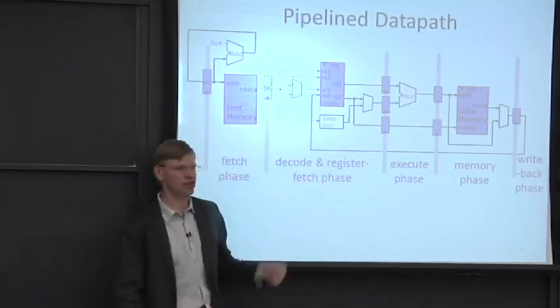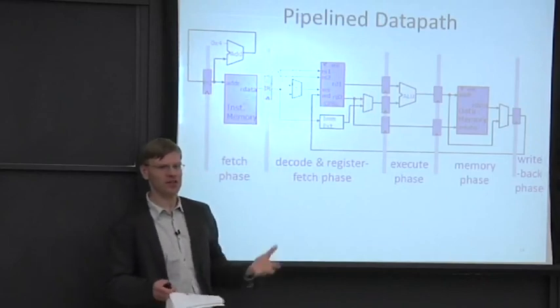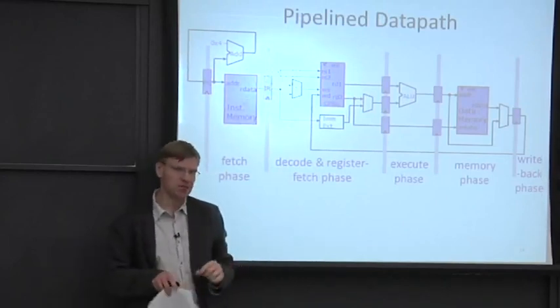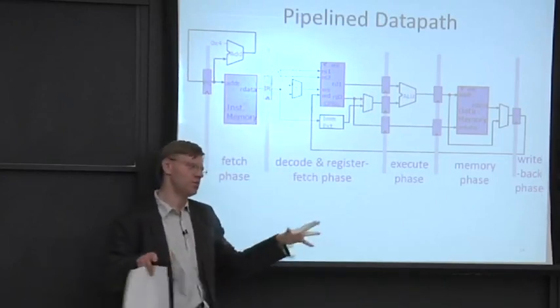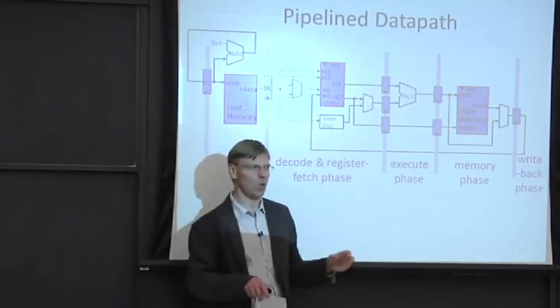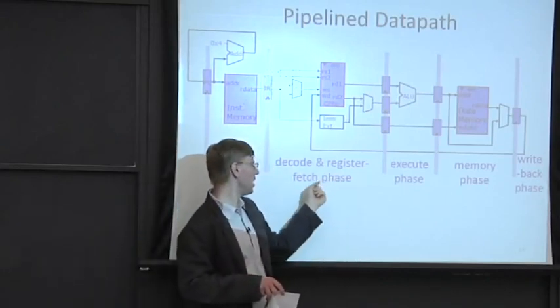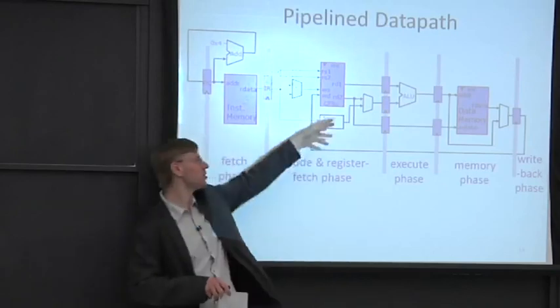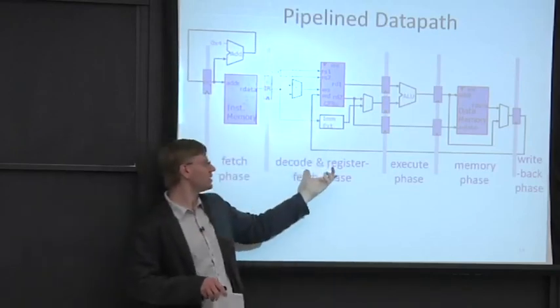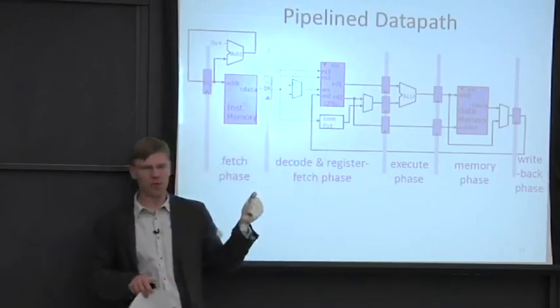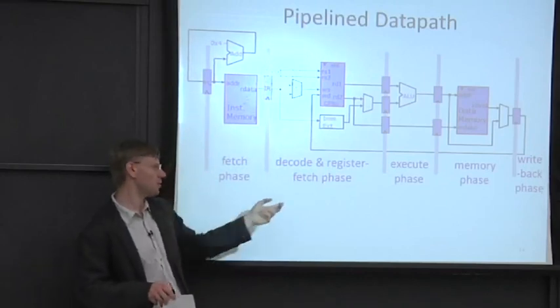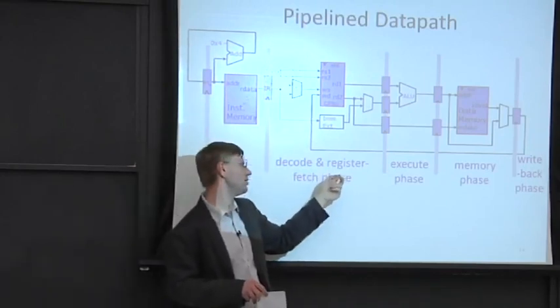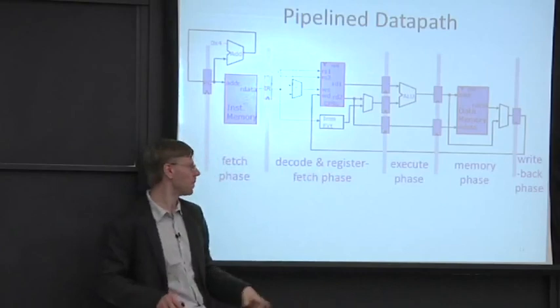Decoding the instruction is how we take the tightly packed bits in the instruction and blow them up into control wires. In the register fetch phase, we're actually fetching from the register file. We'll denote this with uppercase D, or sometimes RF, for register fetch.